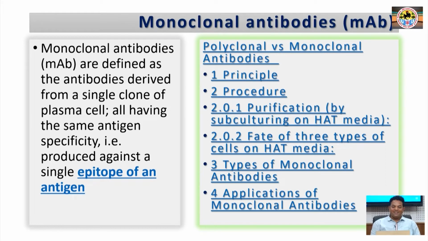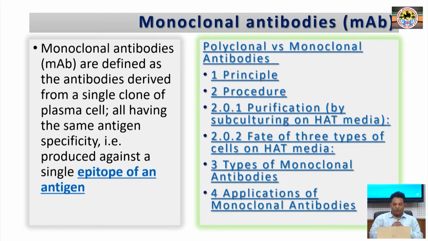Now, we will discuss further polyclonal as well as monoclonal antibody. So, we will discuss the following topics. Number 1 is principle. Principle means what is the basic principle, what is the scientific reasoning behind the production of the monoclonal antibody. Procedure, how it is implemented, how we can perform the overall procedure for the production of monoclonal antibody.